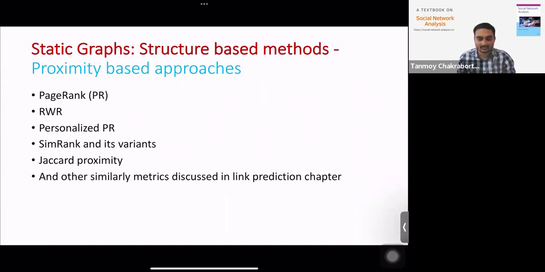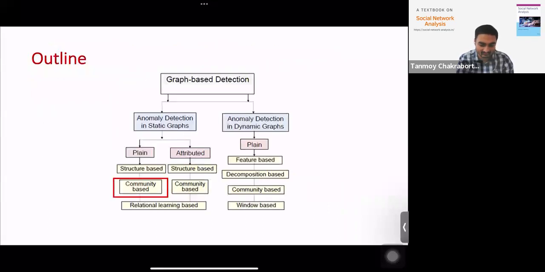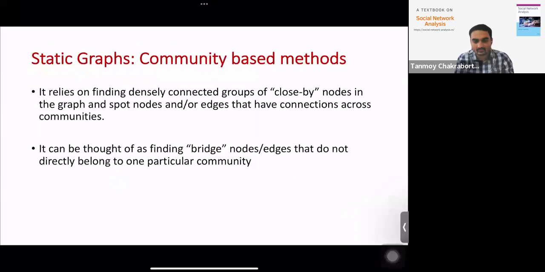So you first measure PageRank, random walk with restarts, and these kinds of approaches, and then you have thresholds for every metric, and you select those nodes which lie beyond the threshold, depending upon the situation. I will discuss one such approach later, but let's wait. Now let's look at community-centric methods.